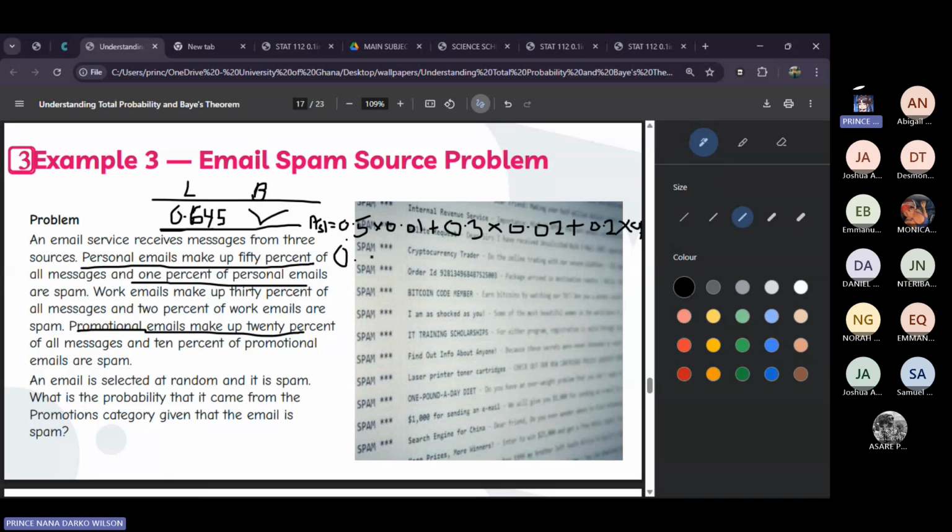Is that right? That's 0.005, right? And we add that to 0.3 times 0.02, and that gives us 0.006.